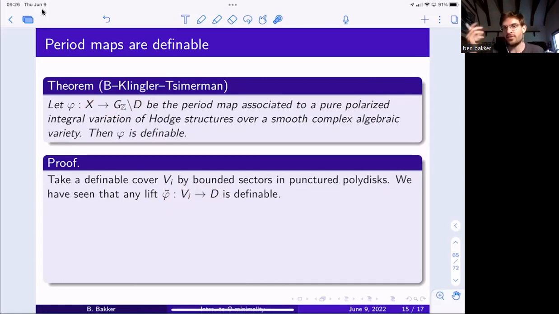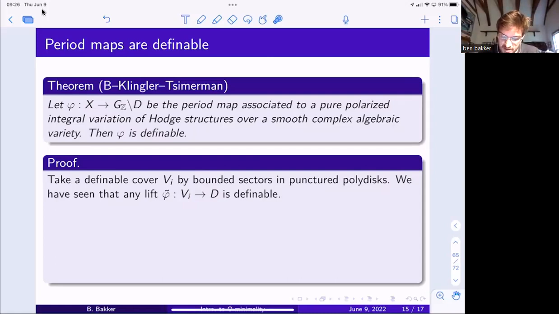We saw that again using the nilpotent orbit theorem, because these functions are always some combination of exponentials of nilpotent matrices and some restricted analytic function.